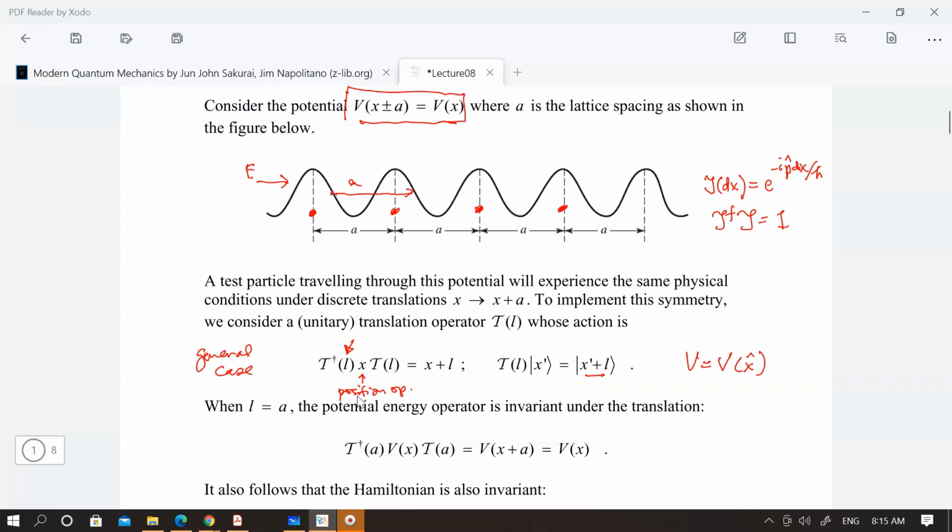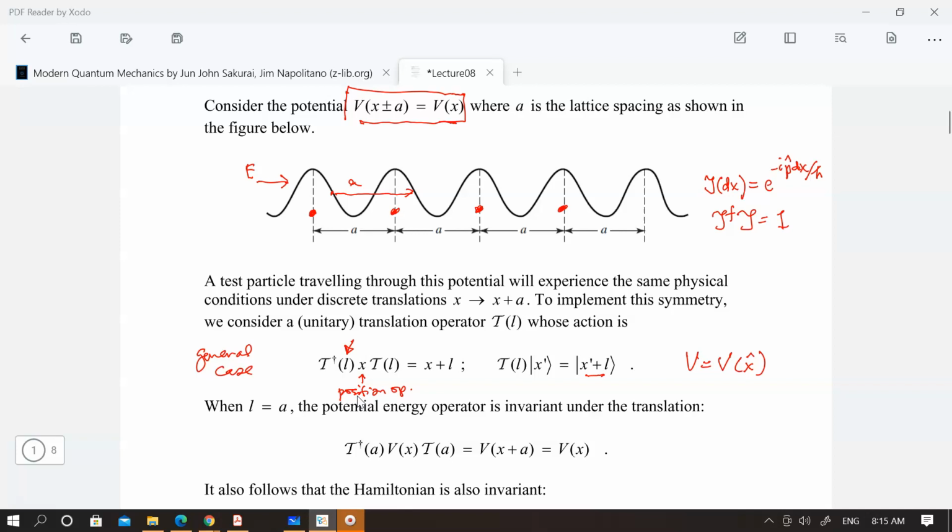So in other words, what we have is the specified action of the translation operator. When you translate using the lattice parameter a, your potential goes to V at the point x plus a, but V at x plus a is the same as V(x).